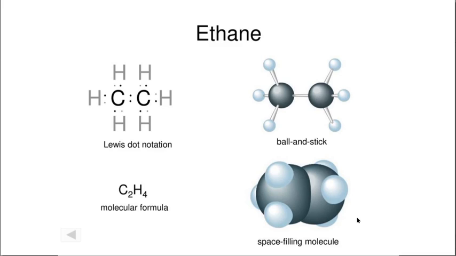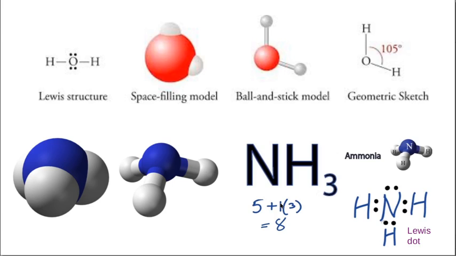If you can form these mental pictures in your brain of compounds, it really helps you understand bonding and how chemical reactions occur. One thing I must warn you about the space filling model: you can't tell how many bonds are in there. There could actually be a double bond in here and you won't know it. That's the advantage of the ball and stick. If there's 2 sticks, there's 2 bonds.